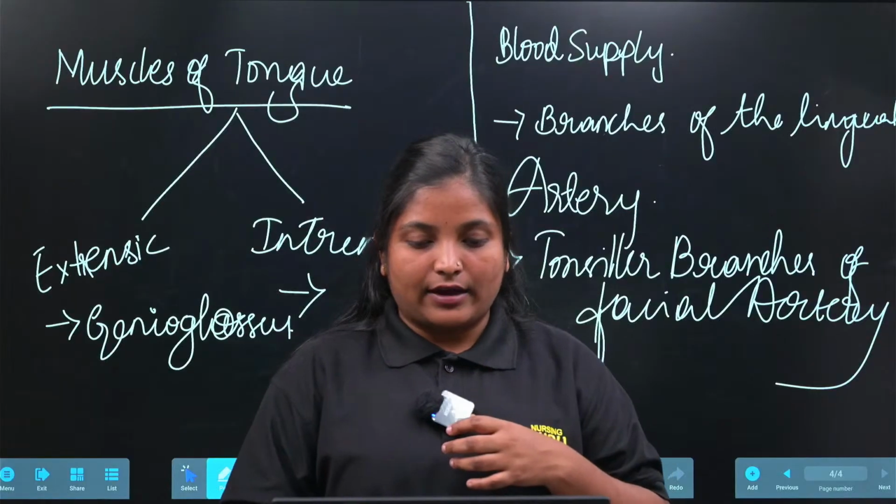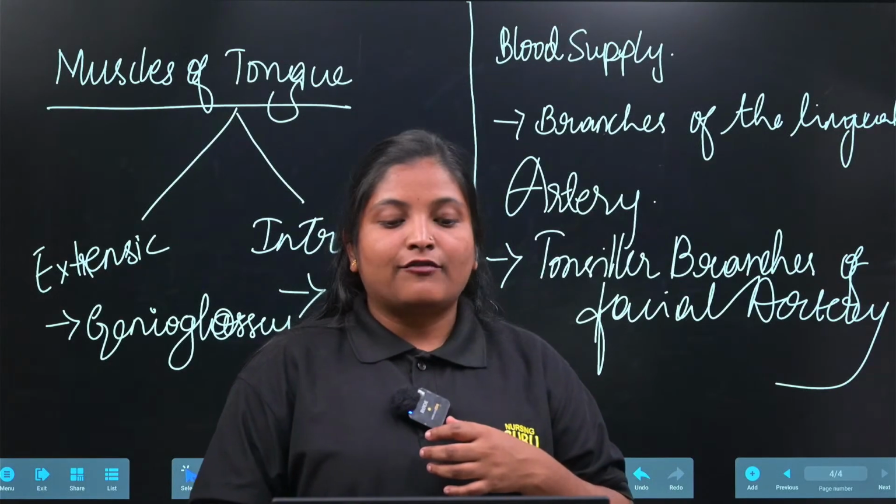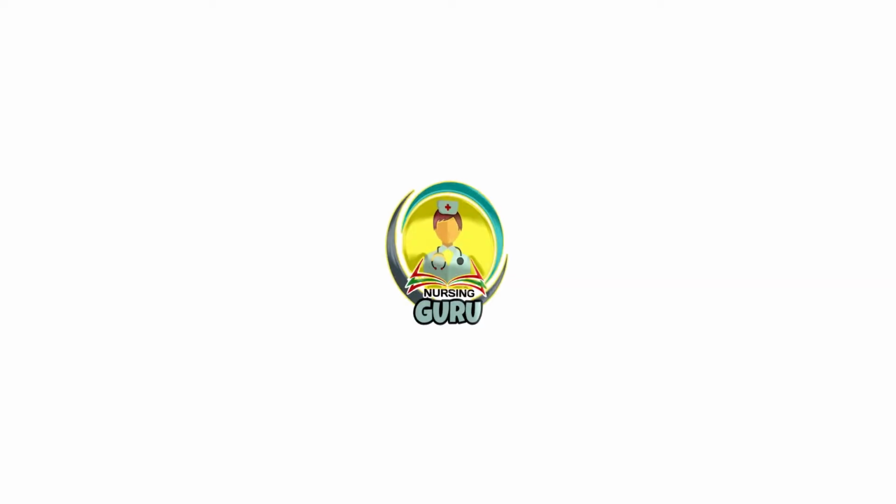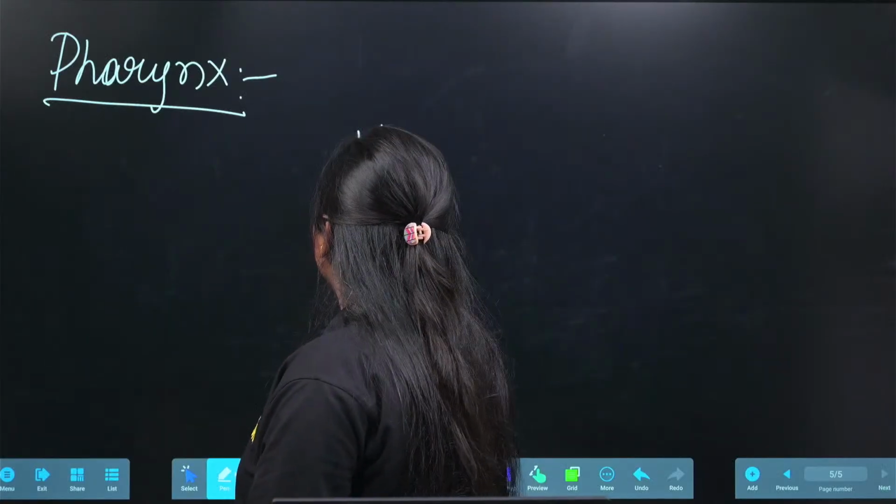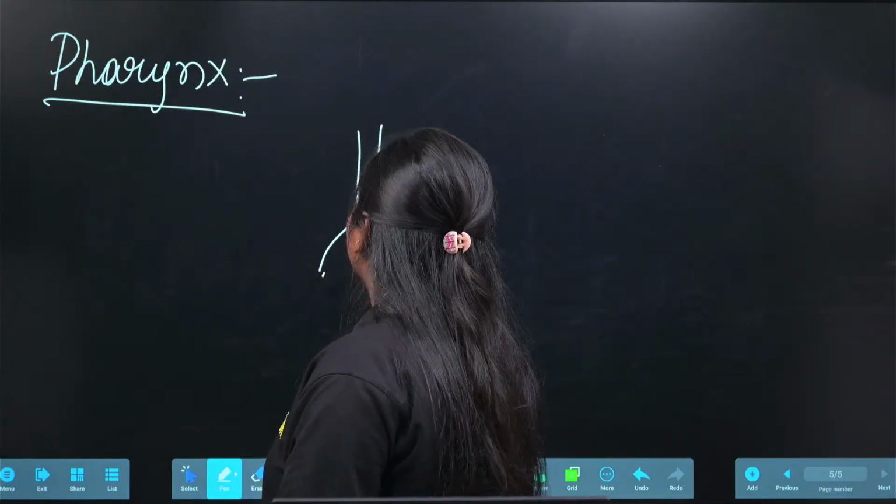The next one we can see is the pharynx. You can see here that the pharynx is funnel shaped.